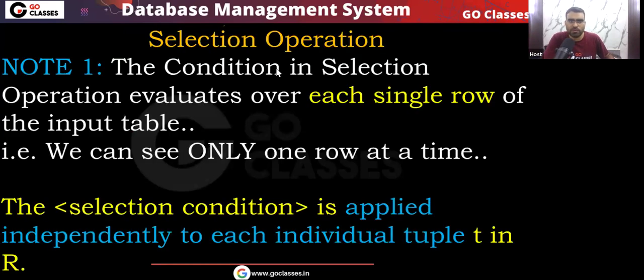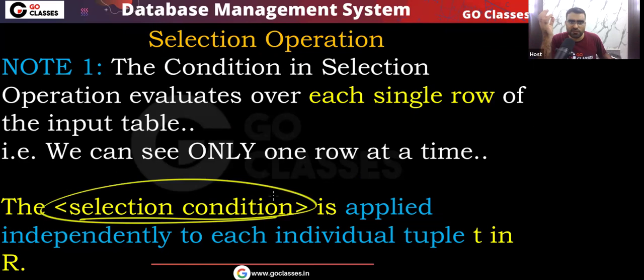Now let me tell you one important point: the tuple selection condition is applied on each tuple independently, individually. Is this clear? When you apply this condition on any tuple, assume that you don't know the other tuples.